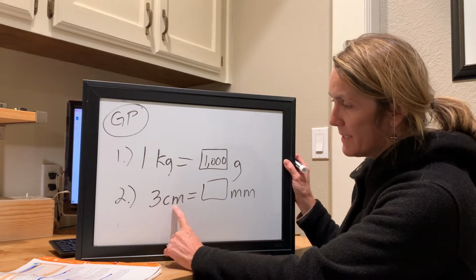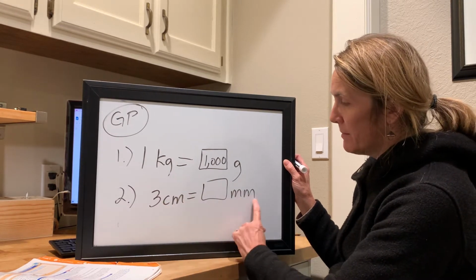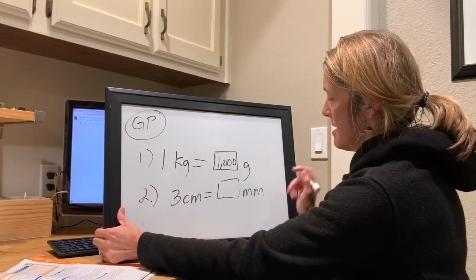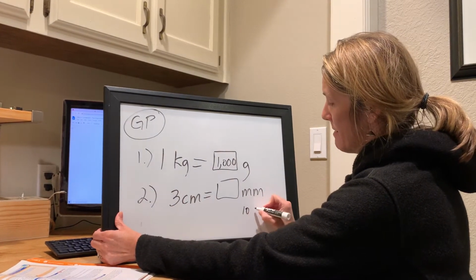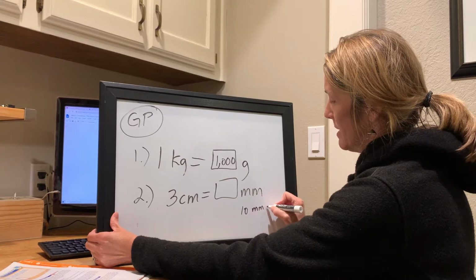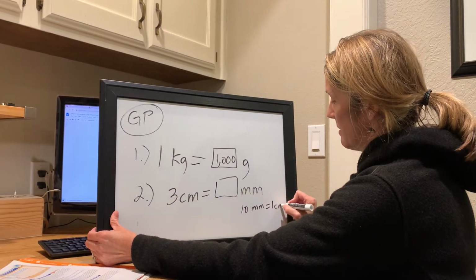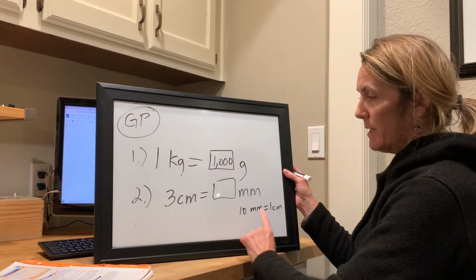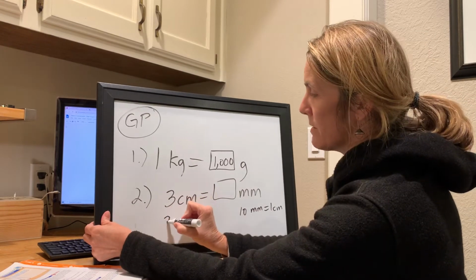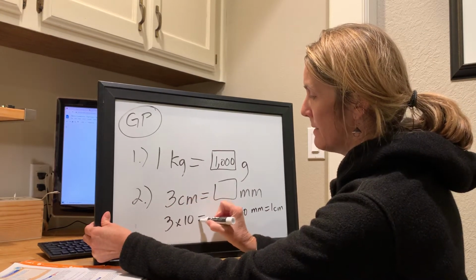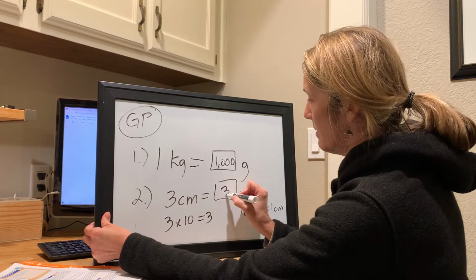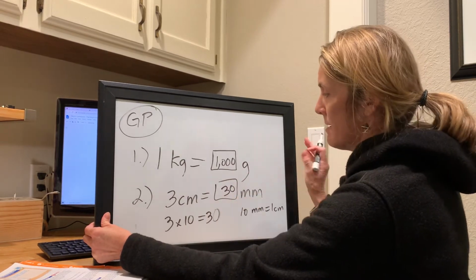So 3 centimeters is equal to how many millimeters? So there's 10 millimeters to 1 centimeter. So that's kind of what you got to keep in mind. So really what you're doing is you're just multiplying 3 times 10 on this side, so you can get 30. So that is your answer right there.